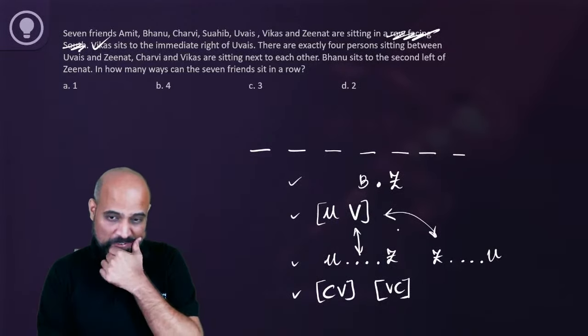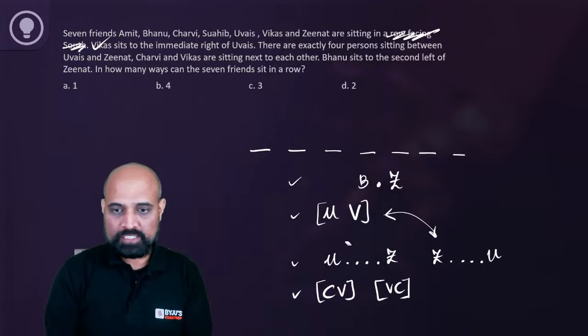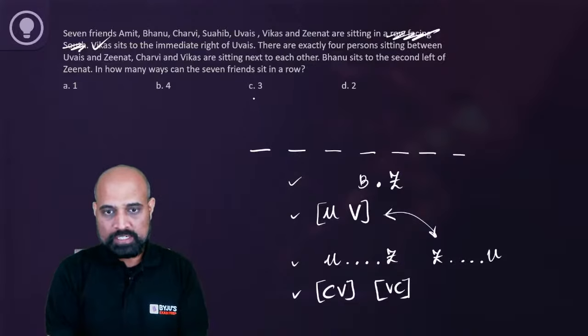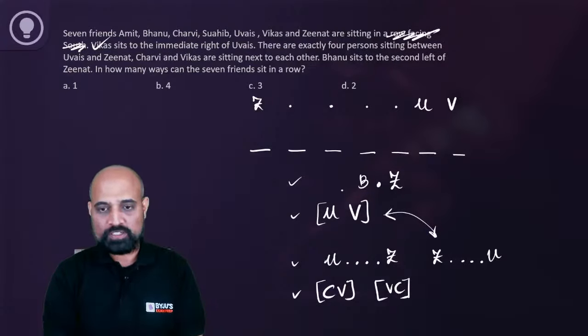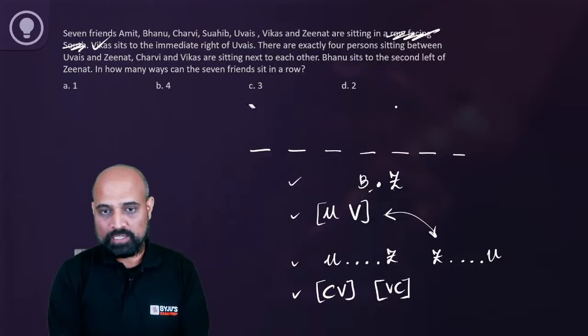Okay, so let's start with this scenario first. Let's start with this side. So I'm going to put Z, 1, 2, 3, 4 people here, then a U, then a V. This is fixed. Okay, there will be a problem, right? Because B dot Z will not happen here. So this is out.